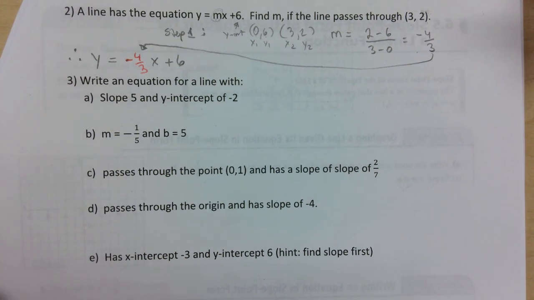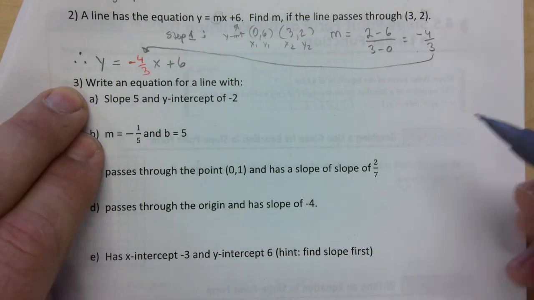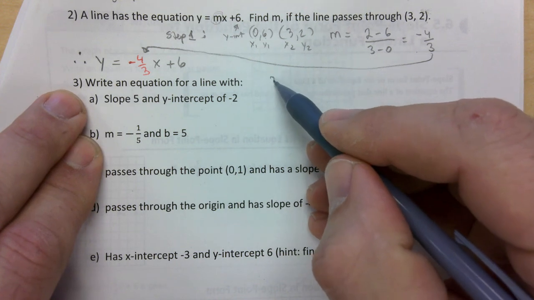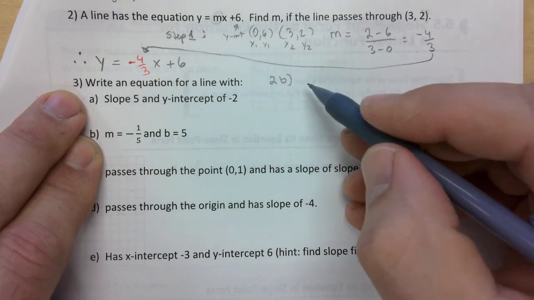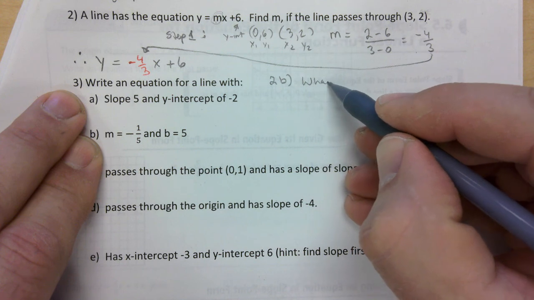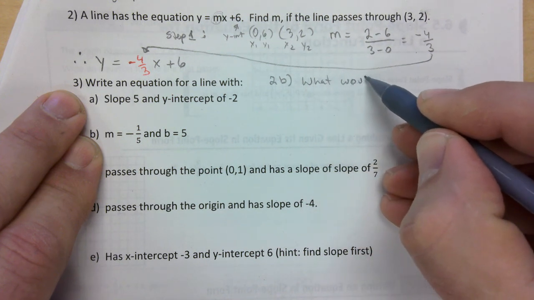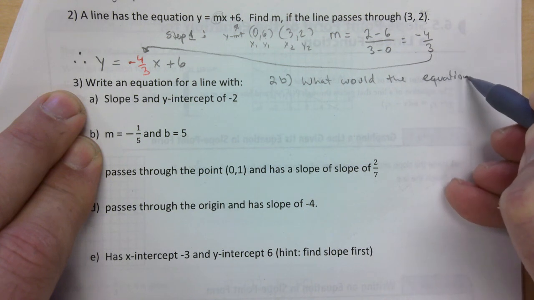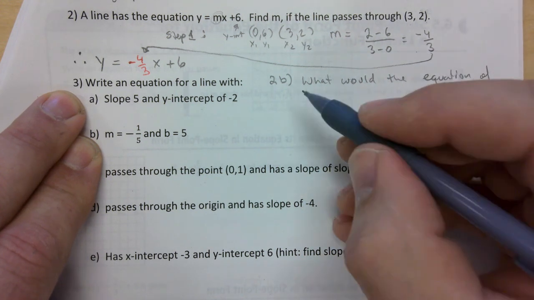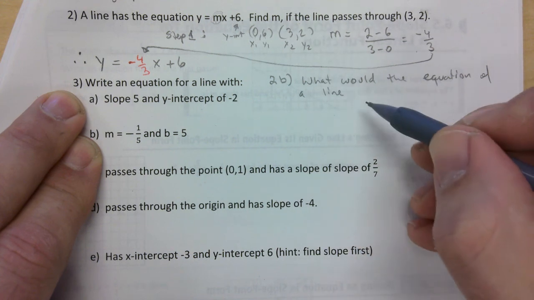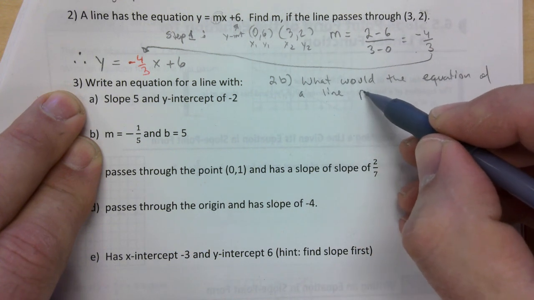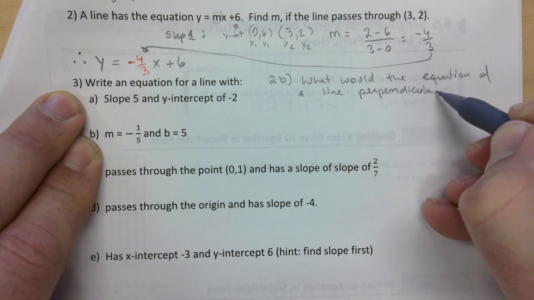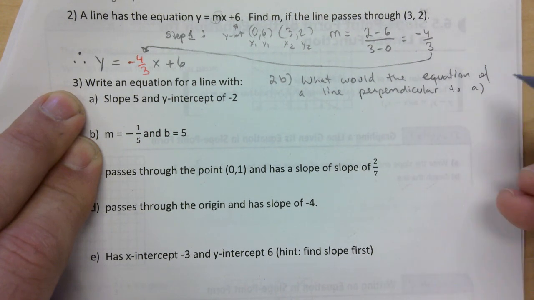Can I just add, I would like to add something. To be, what would the equation of a line perpendicular to A look like?